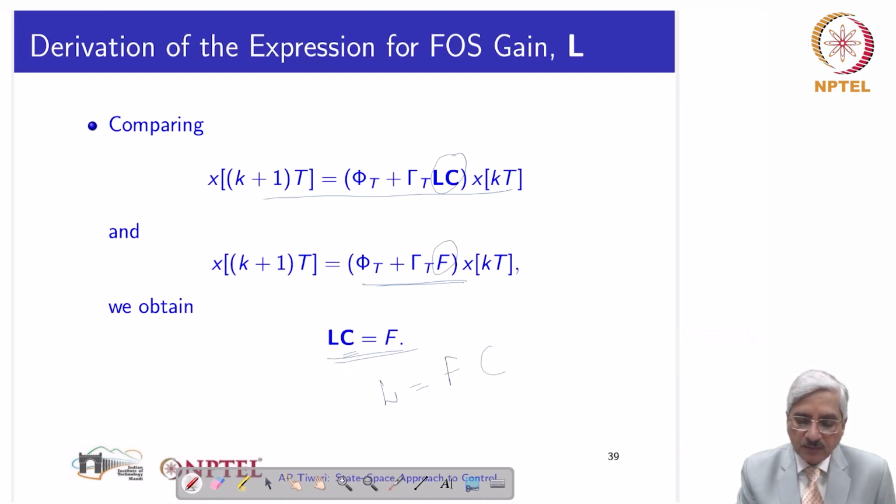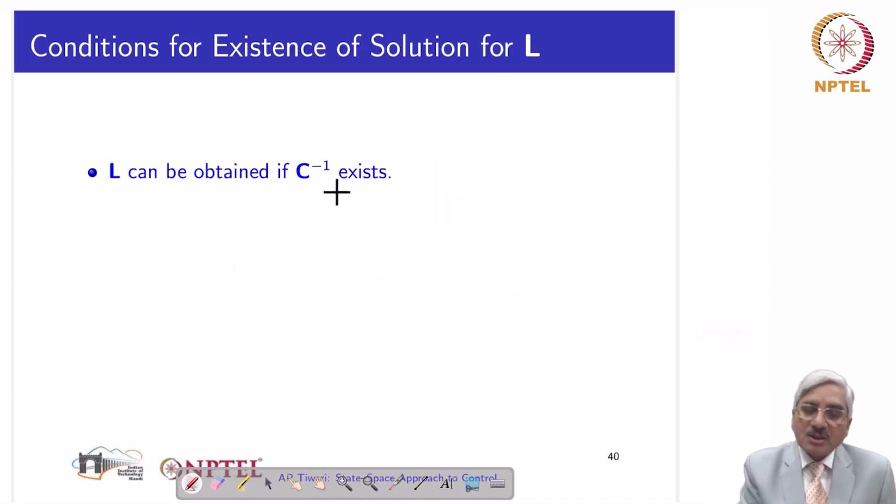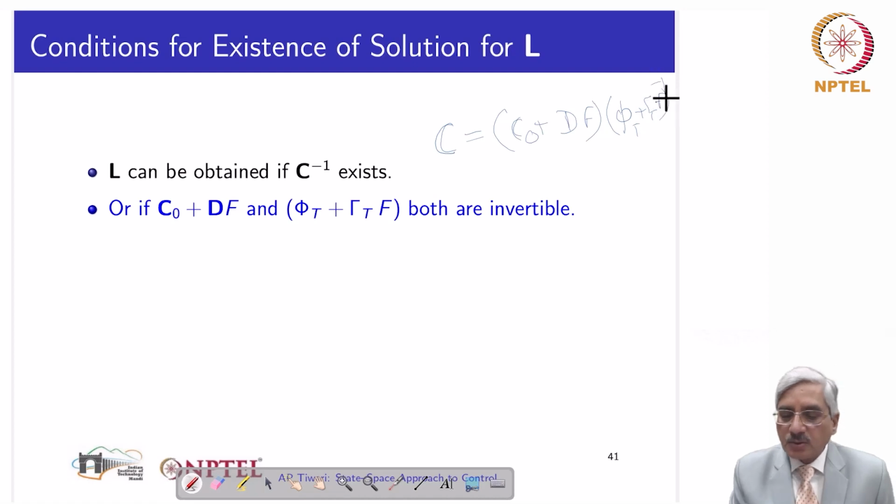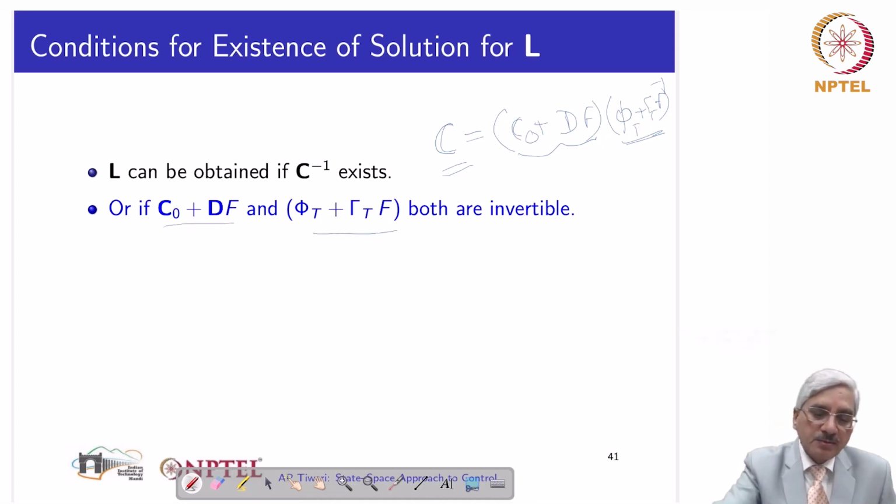So we will have L equal to F into C inverse, where this boldface L, this is boldface C. C inverse should exist, and because C itself was expressed in terms of the product of C0 plus DF and φτ plus γτ F inverse, if we have to have the inverse of C possible, then both these inverses should exist, and that is written here. Both should be invertible. That is one.